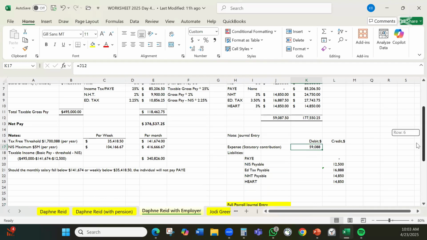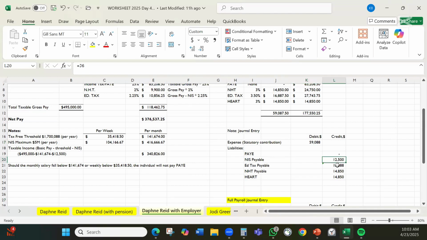And then you need to record these amounts that are payable to the government. These are liabilities and they have a credit balance. So you record the expense and then you record the liability to the government. This is just the employee's portion, and the employer's portion. So don't just pay them and forget about it. You need to ensure that it is recorded in your accounts.